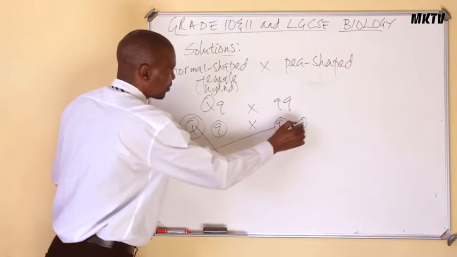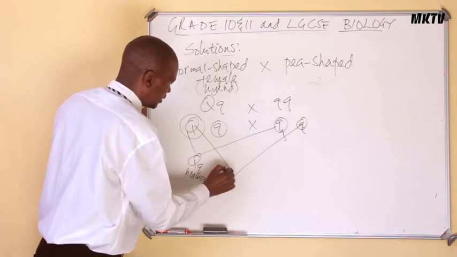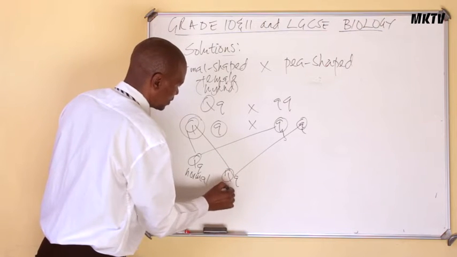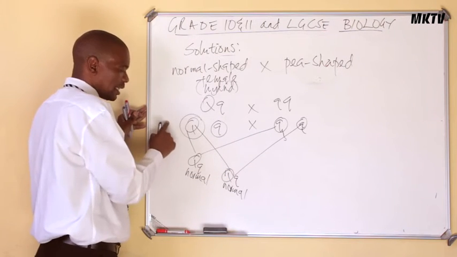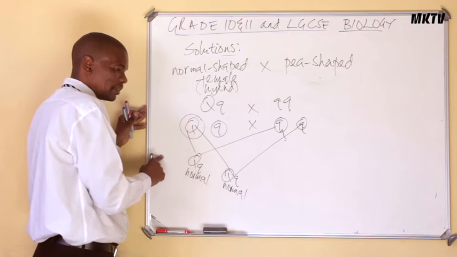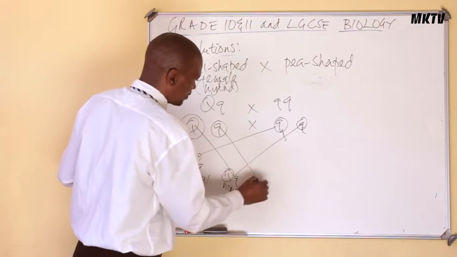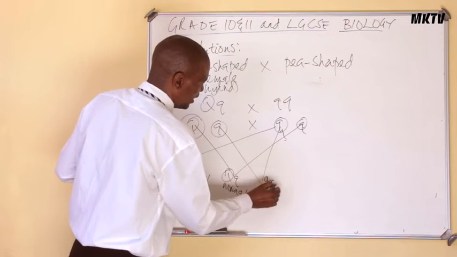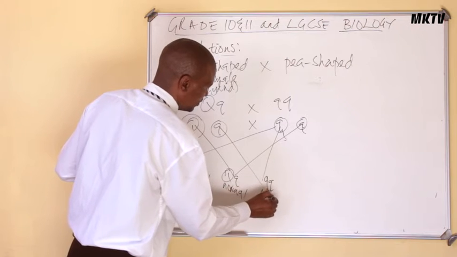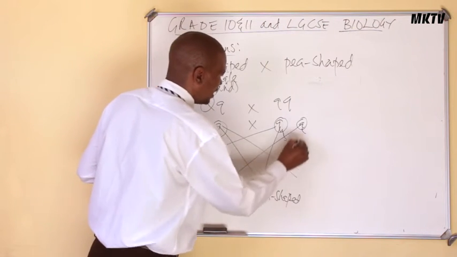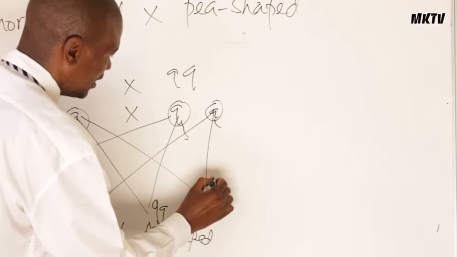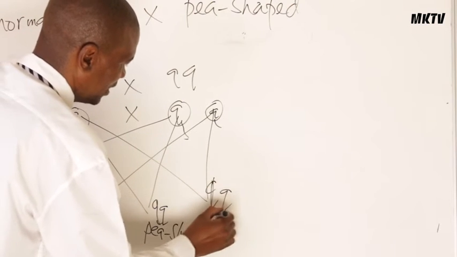Okay. This one crosses this one. This is QQ. This is also normal. Remember, these are the genotypes. These are the gametes. And then we shall get to our zygotes. And then this one and this one, we shall have that. This is P shape. Okay, this one and this one is another P shape. All right.